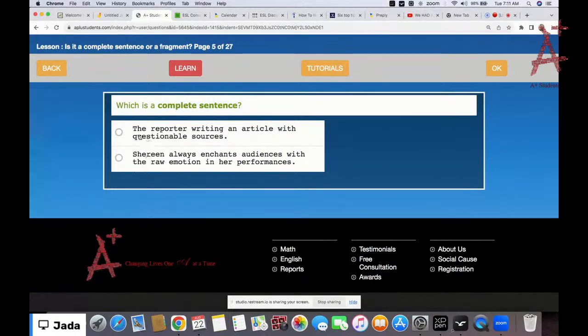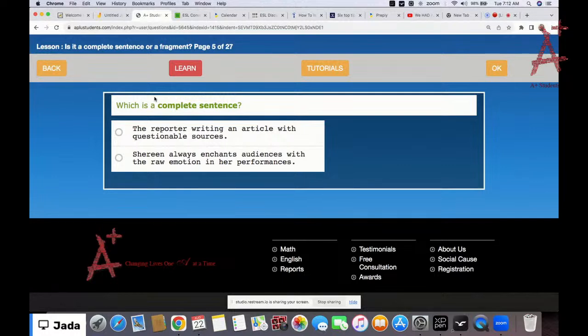Now they're asking for a complete sentence. So which is a complete sentence? "The reporter writing an article with questionable sources." "Shirin always engages the audience with raw emotion in her performance." Now the second one is correct because it makes sense.